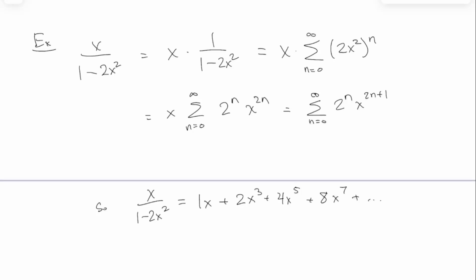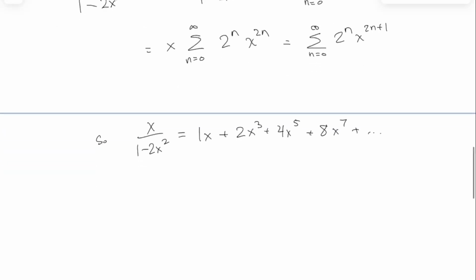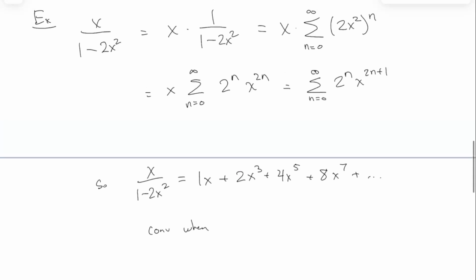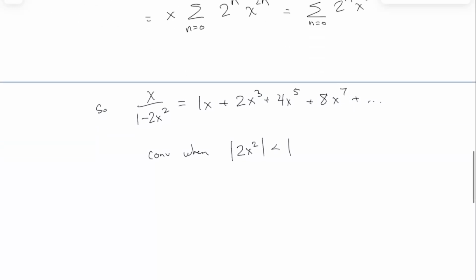All right, and what about the convergence? The standard form converges when the absolute value of x is less than 1, but here I plugged in 2x squared. So this says the absolute value of 2x squared is less than 1, which means I divide the 2 across: absolute value of x squared less than a half, and then you can take a square root.